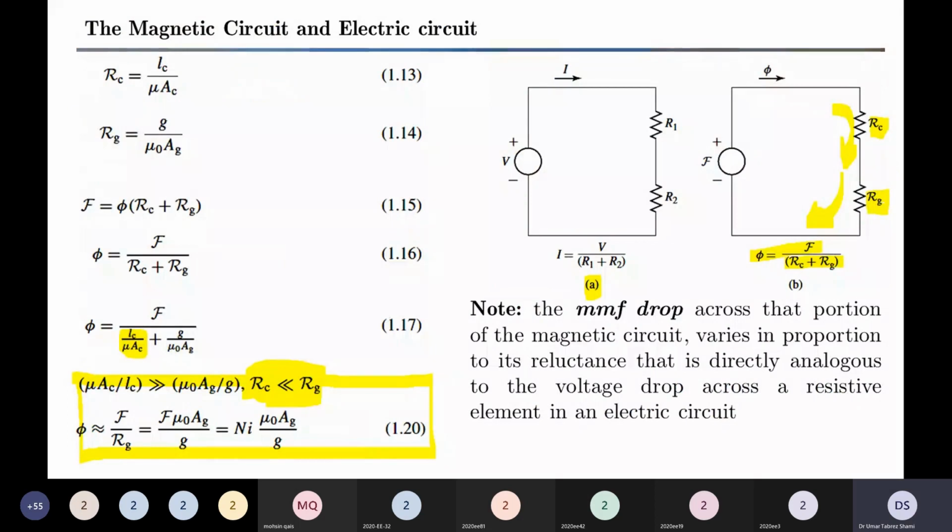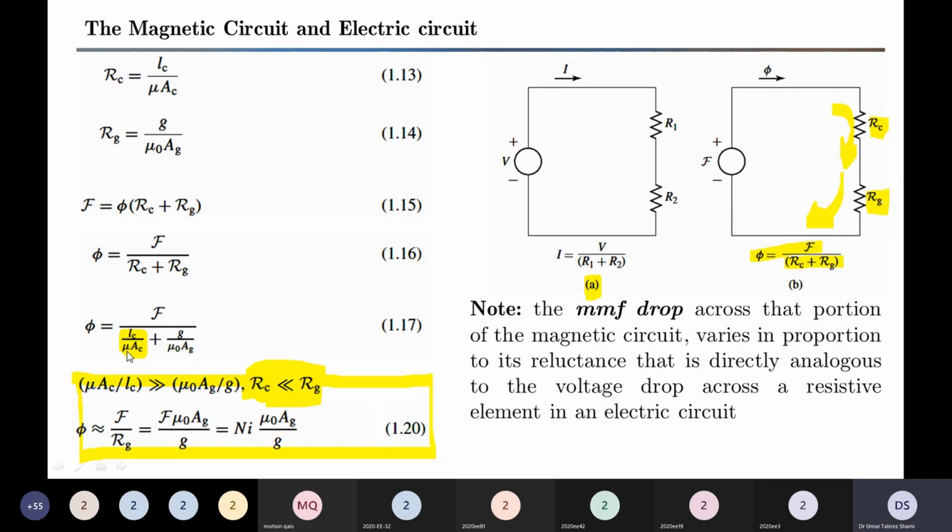that we can use equation 1.20, where we can ignore the reluctance of stator and rotor, because their mu is infinite. If mu becomes infinity, look at equation 1.17: if mu becomes infinite, what will this whole term lead to? It will tend to 0. Is everyone understanding?